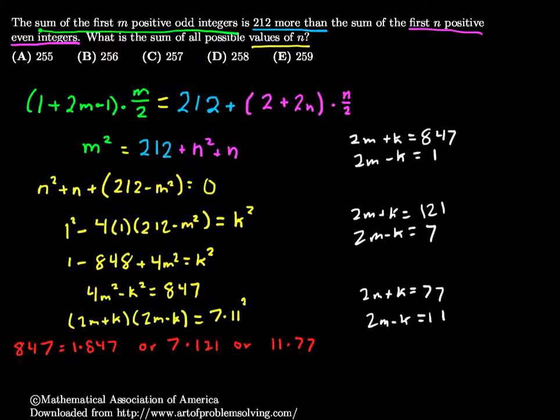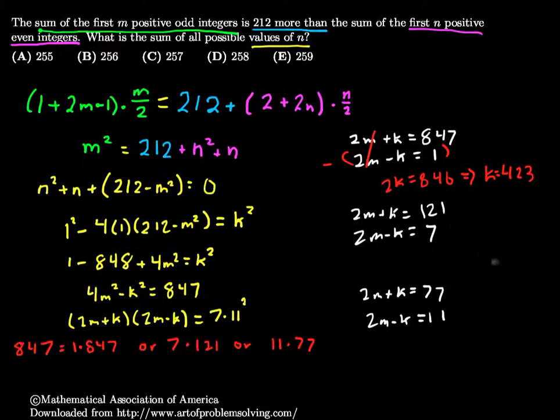And from here, I'm going to solve the first one all the way out, and then we'll just say the rest work the same way and get to the answers because it's going to take too long. But I will subtract the second equation from the first one. The 2m's cancel out. I get 2k is equal to 846, which means that k will equal 423. Same thing happens here.